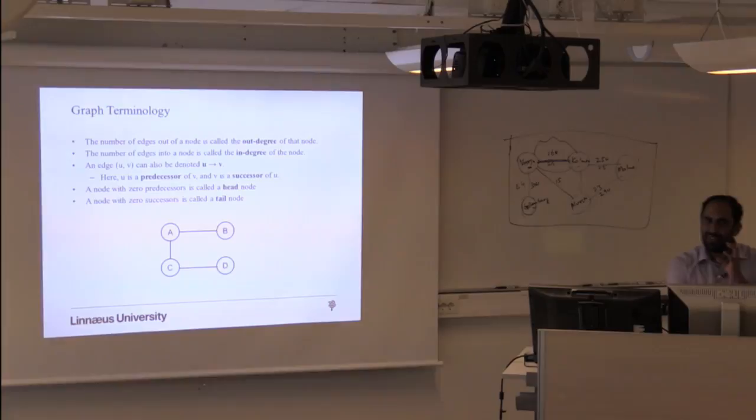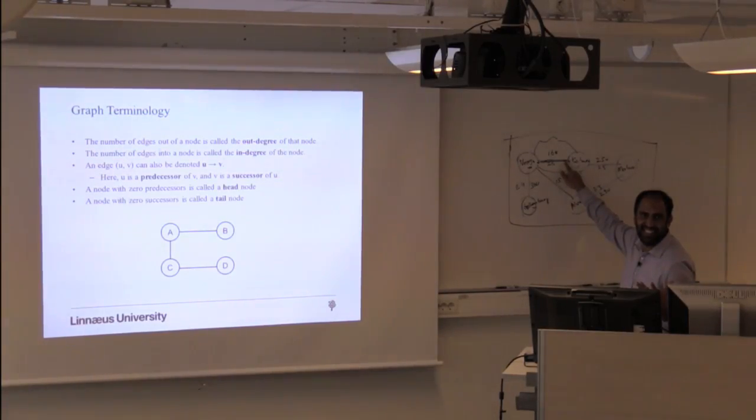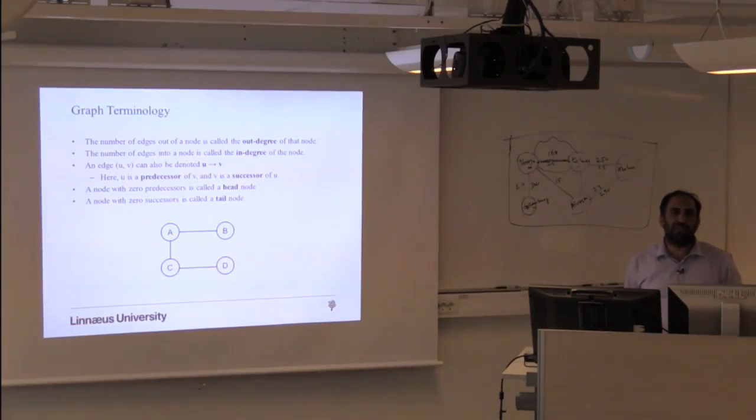A path is when you have more than one edge. Of course you can say every edge is a path, but not every path is an edge. So this is one path, and then another one is here, but that involves more than one edge. So normally the multigraph is when you have more than one edge between two nodes. You got it? Okay, good.